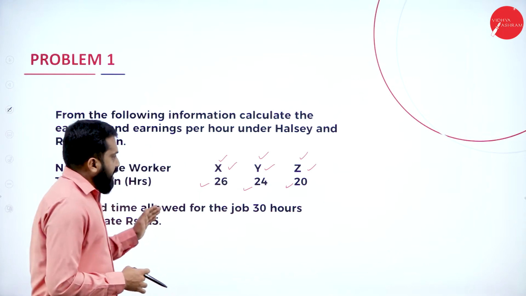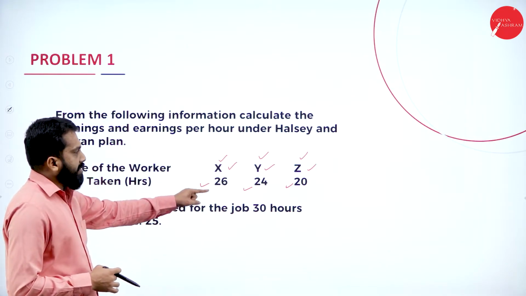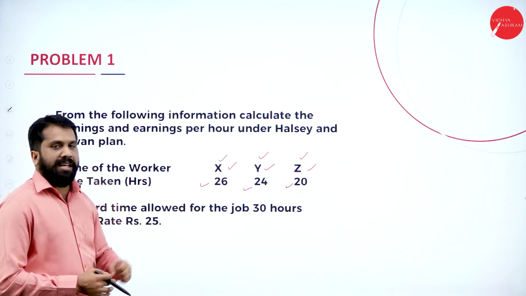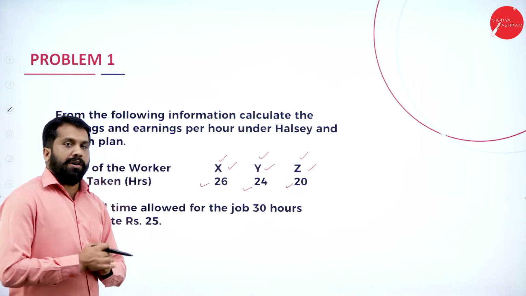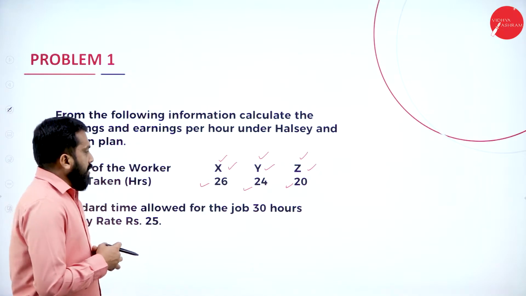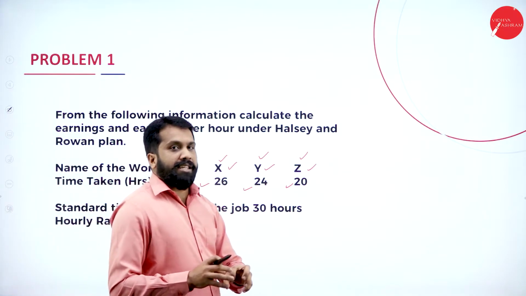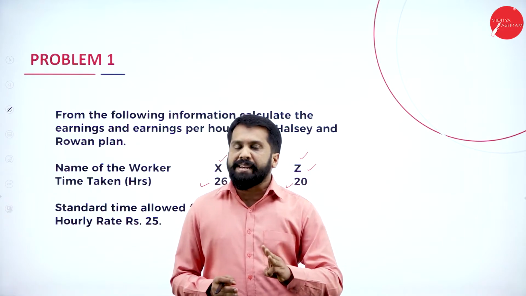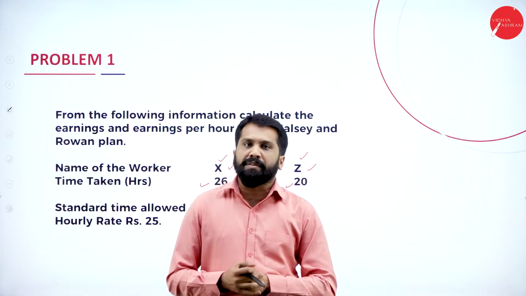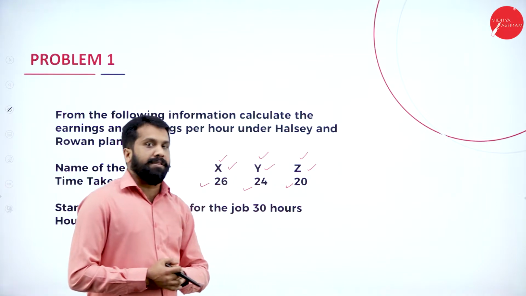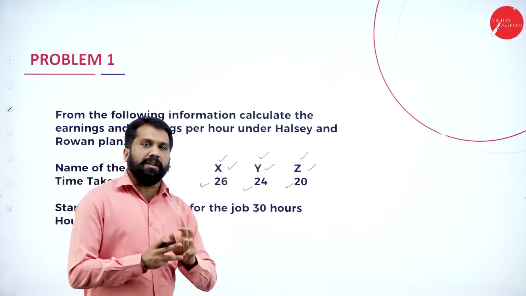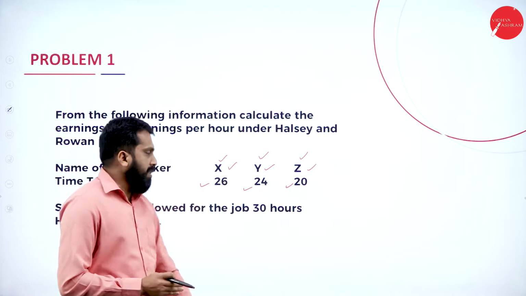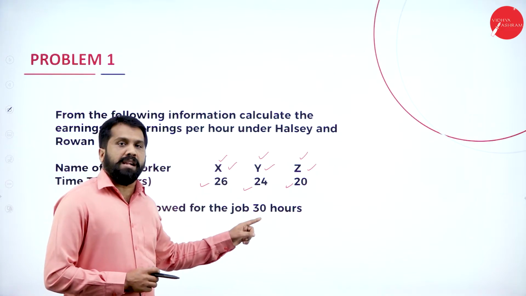Now, as per this, he has taken 26, 24 as well as 20 hours. But what was the standard time? Normally, if you go with the quality, quantity and everything, it takes almost 30 hours to complete the job. Now, what is the standard hour?